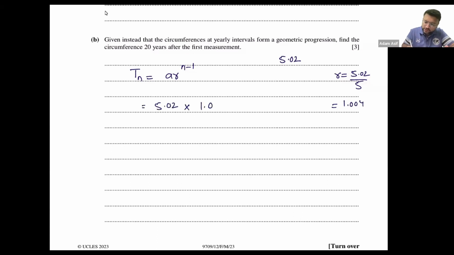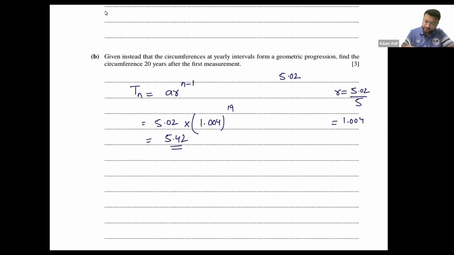Common ratio is 1.004 to the power of 19. Please evaluate this. .42 meter.